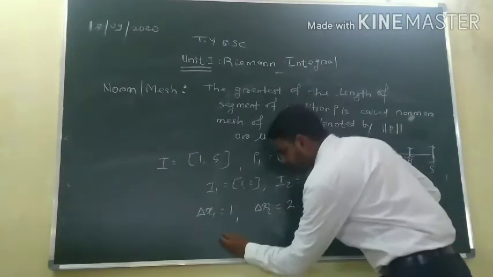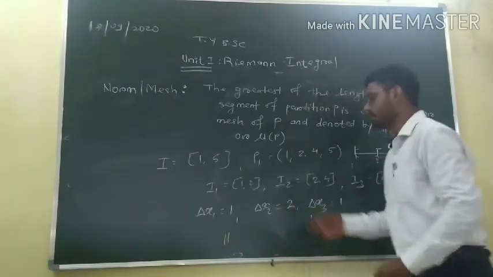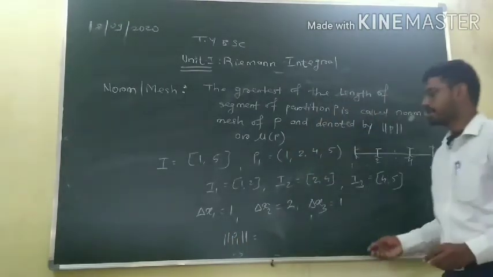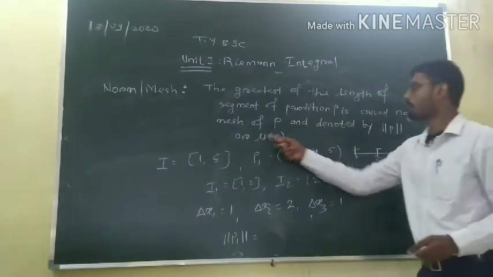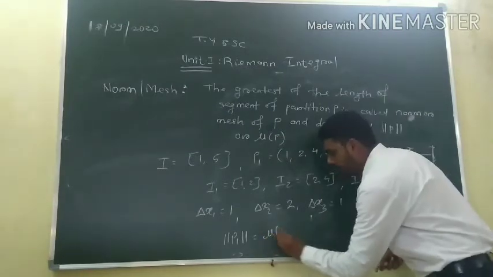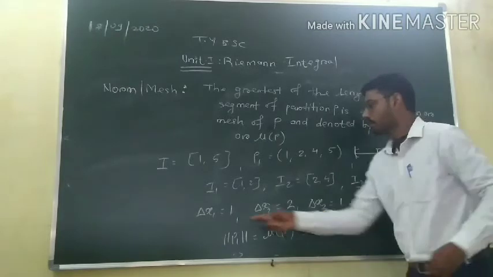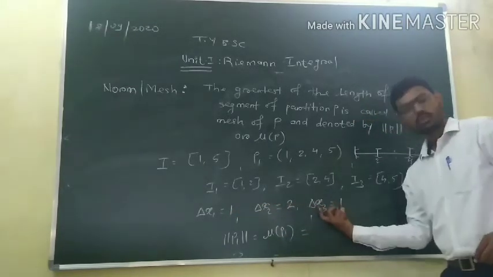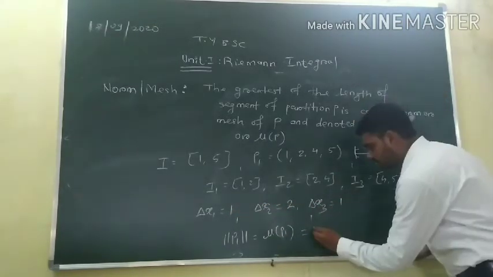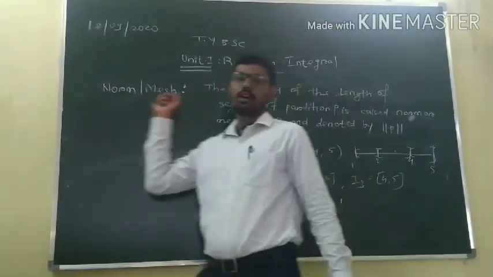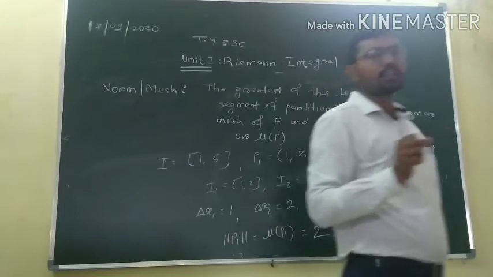The norm of partition P1, also denoted by mu of P1, is equal to the maximum of 1 and 2, which is 2. So this is the concept of norm or mesh of a partition.